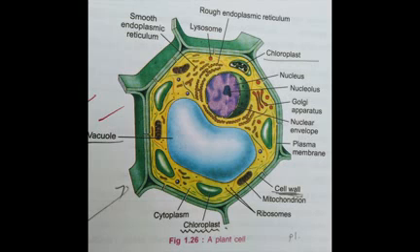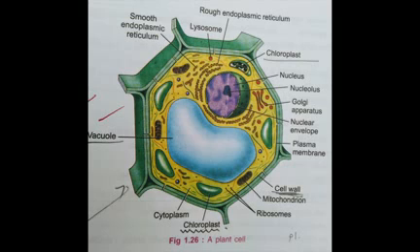It is permeable to water, solutes and gases. In most fungi, the cell wall is made up of chitin. Next we'll see what is the function of the cell wall.